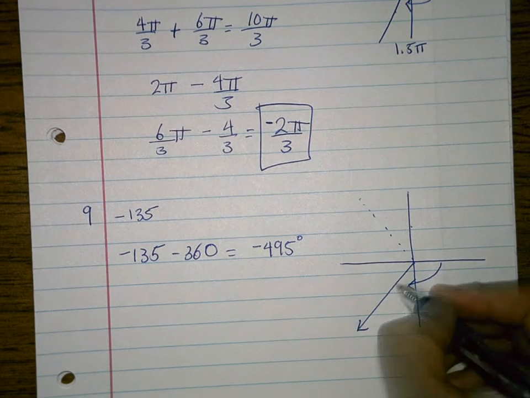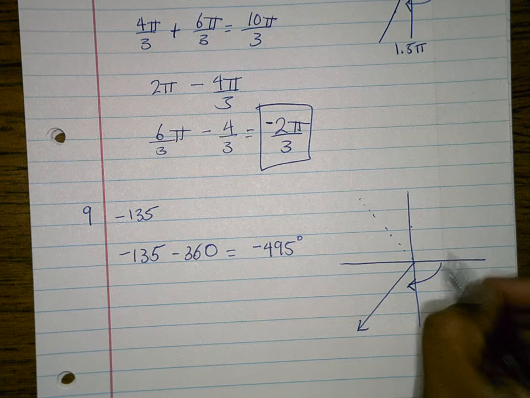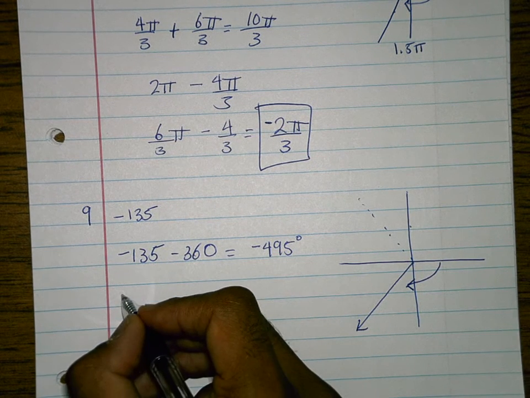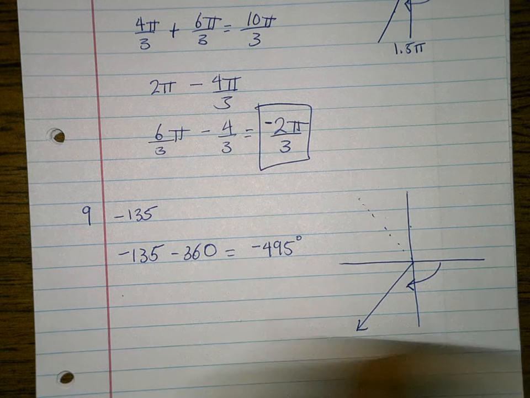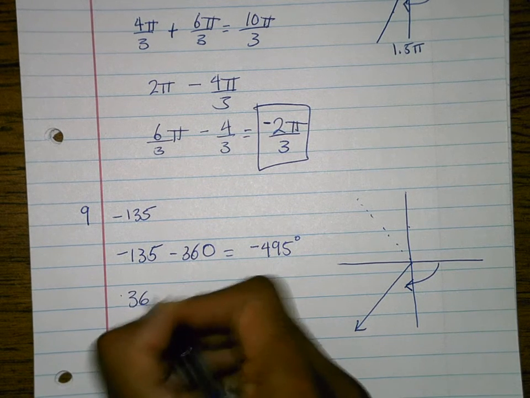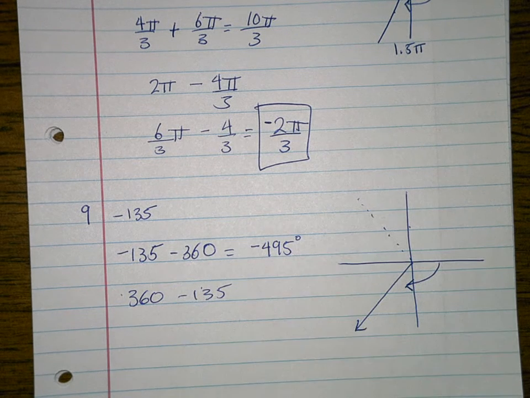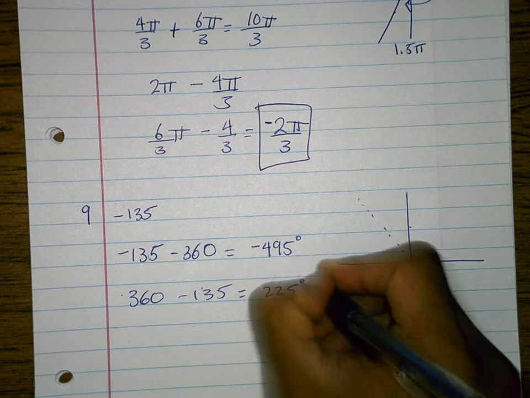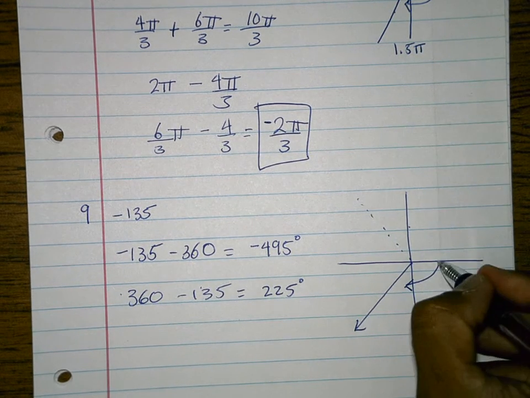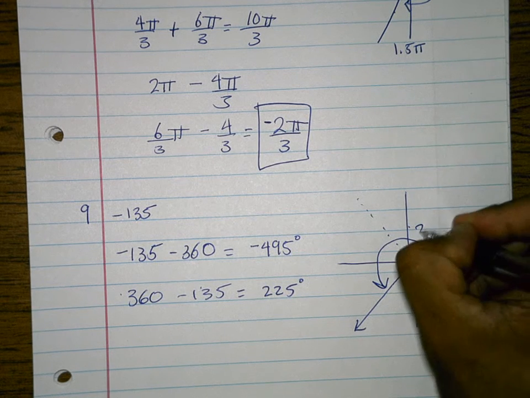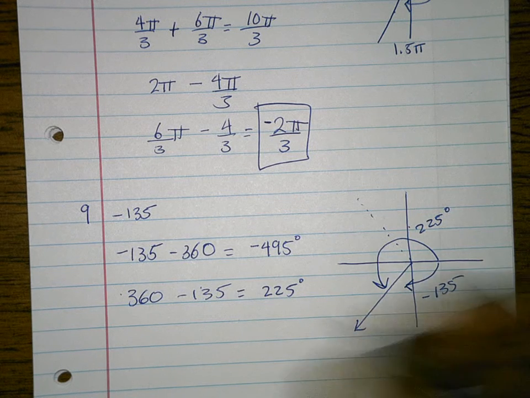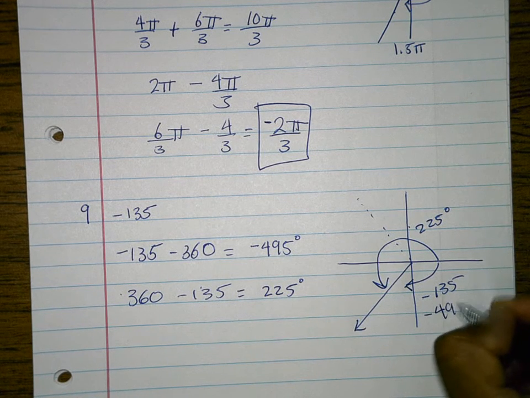That would be going all the way around and ending up in the same spot. If I went the other way, as in a positive one, I would do 360 minus 135, and that is 225. So this is positive 225. It's negative 135. If I keep going around one more time, it's negative 495.